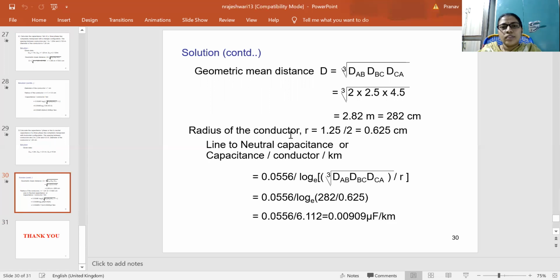And the radius of the conductor small r is 1.25 divided by 2, so we get 0.625 centimeters. The line to neutral capacitance, or capacitance per conductor per kilometer, is given by the formula 0.0556 divided by log of cube root of DAB, DBC and DCA by small r.